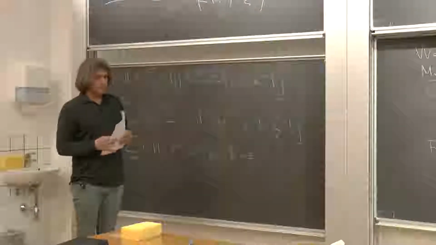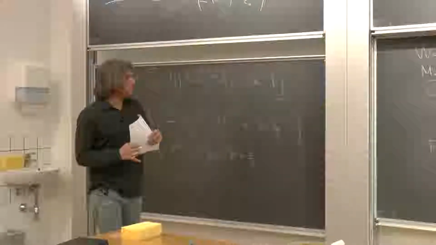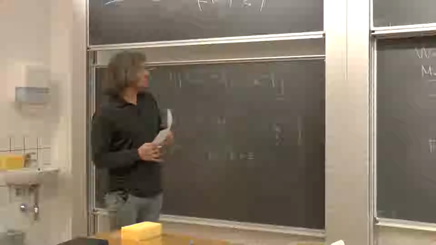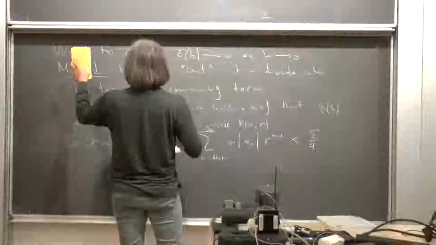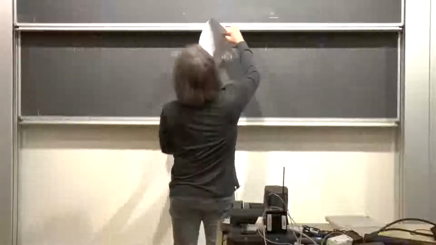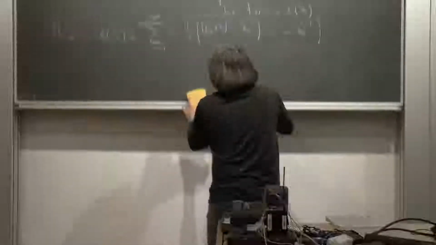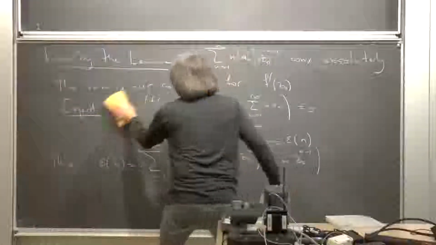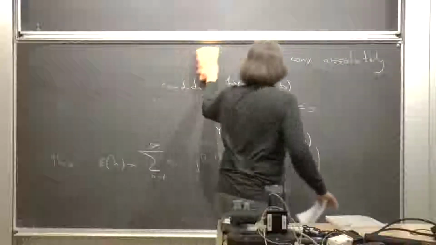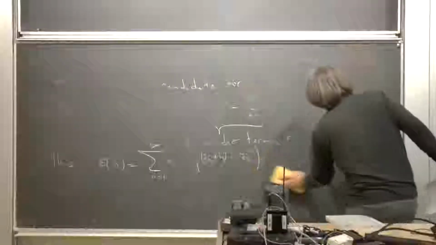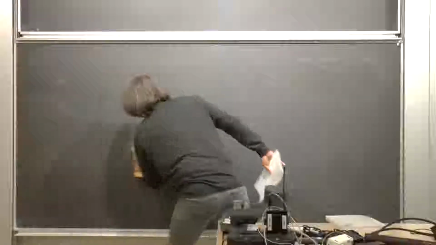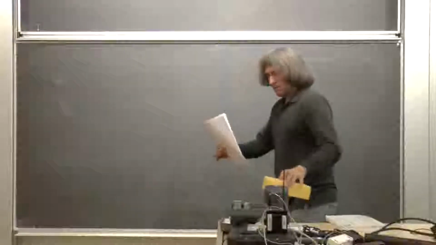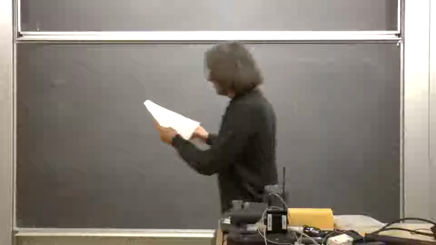Now the actual term is just a finite sum. So a of h now is a function.